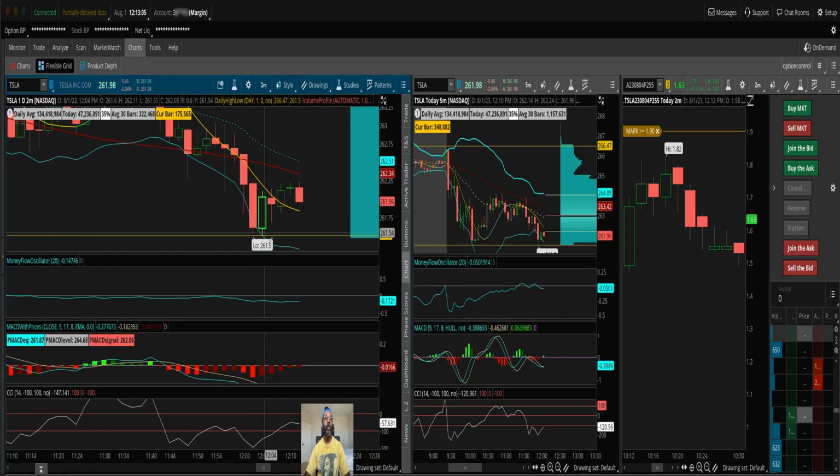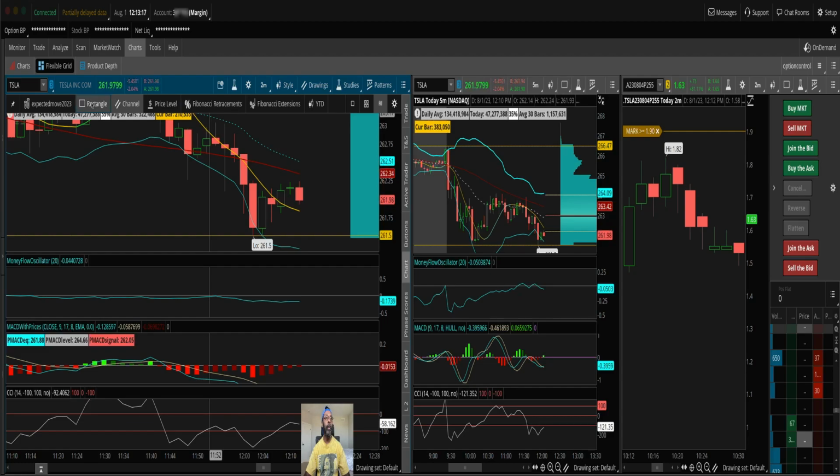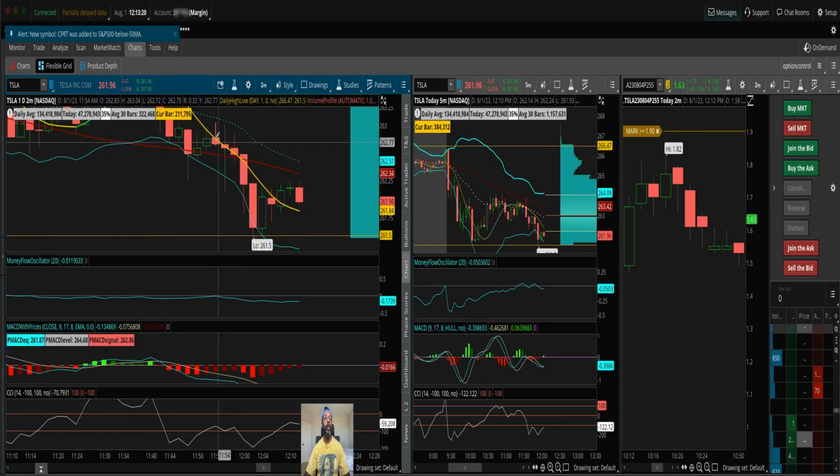Will it challenge again for 261.50 for the low? Well, look at the trend. So let's draw the rectangle tool.